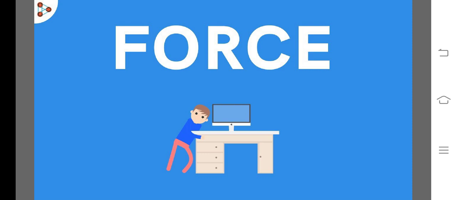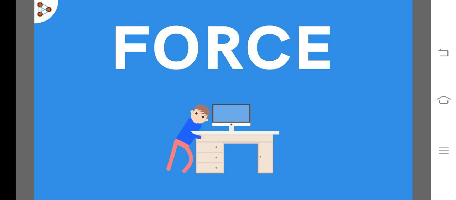Force is a push or pull exerted by one body on another body. And the effect of this is it tends to change the state of motion of the body on which it acts. So it means that the force will change the motion of a body. It may let the body stop moving or it may cause the body to move.